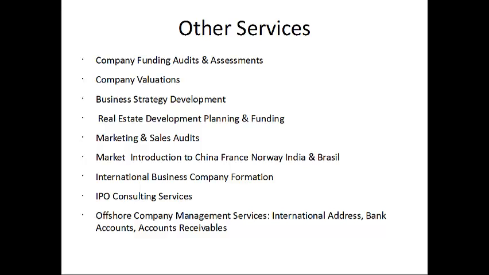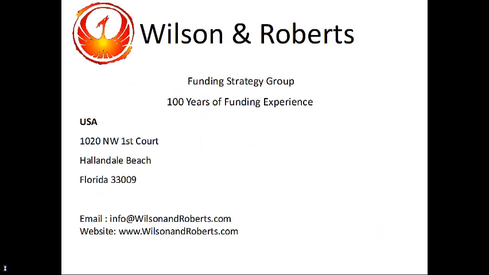We also do IPO consulting services, and we carry out offshore company management services in terms of managing the company that we can form on your behalf, and provide you with an international address, bank accounts, and we can conduct your bookkeeping and your accounts receivables on your behalf as well.